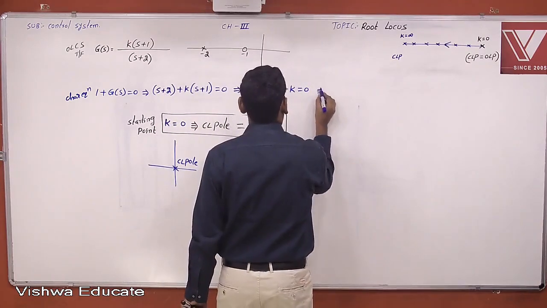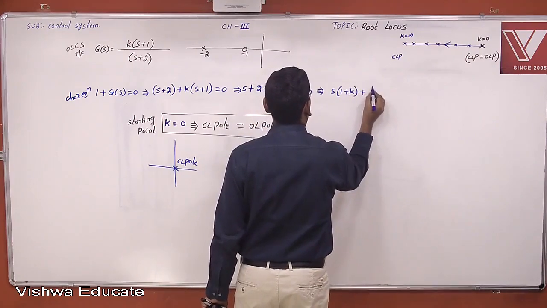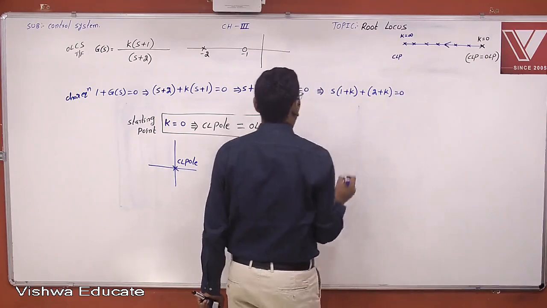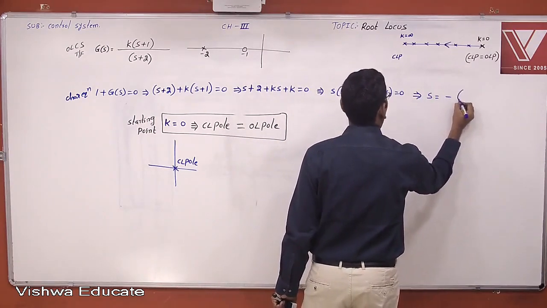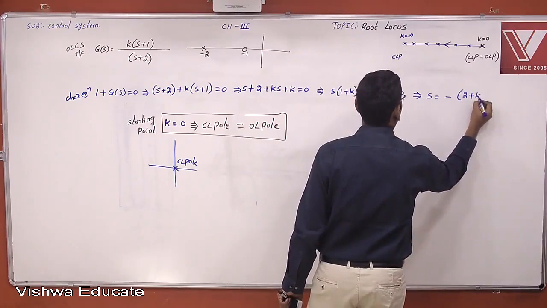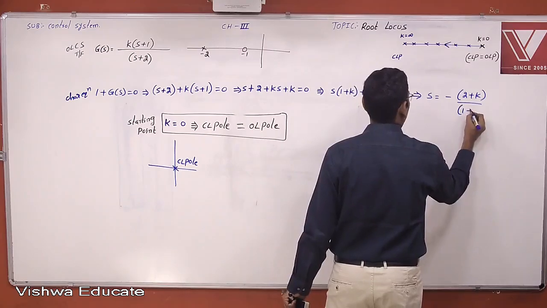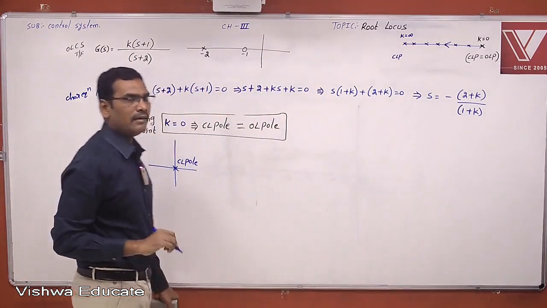If I take s as common, s into 1 plus k plus 2 plus k equal to 0. Therefore, s equal to minus of 2 plus k by 1 plus k. This is the closed loop pole, which is a function of system gain k.